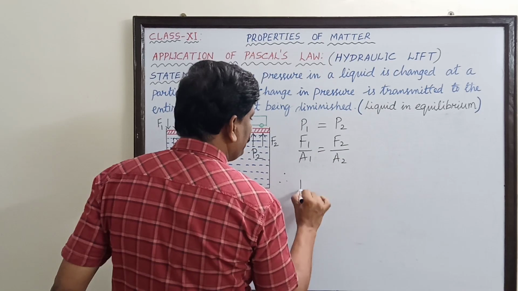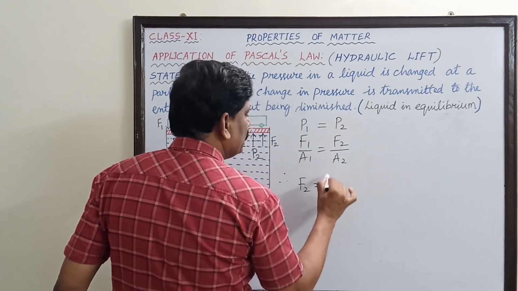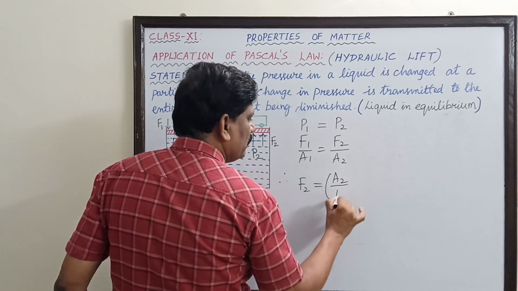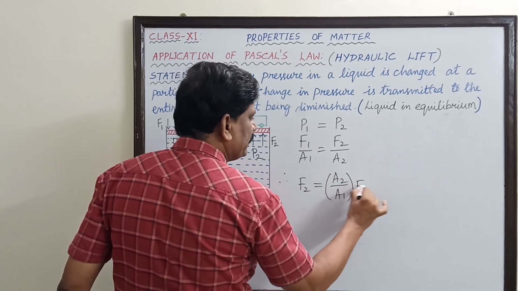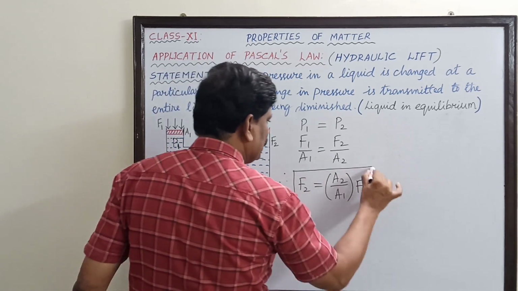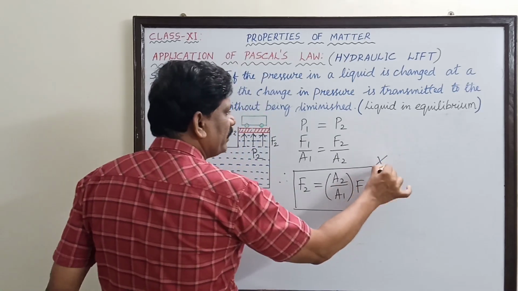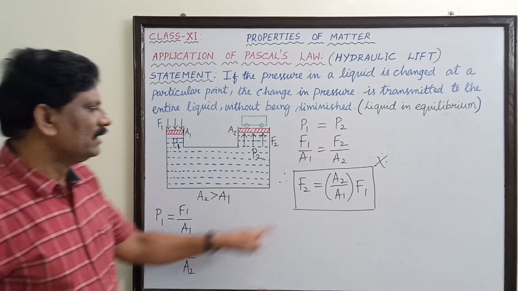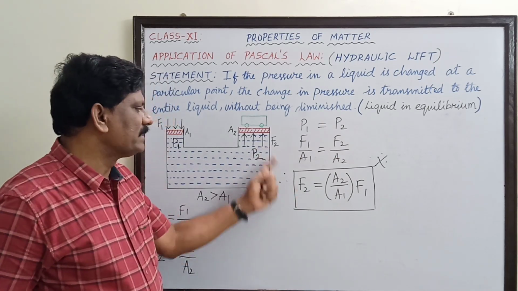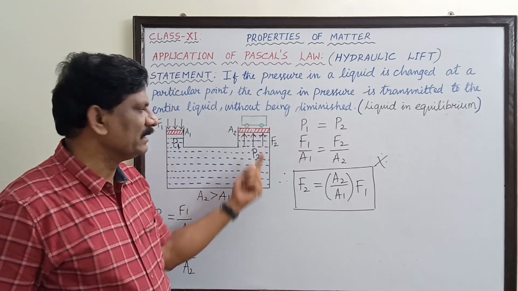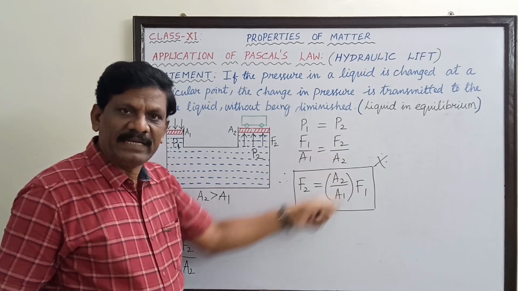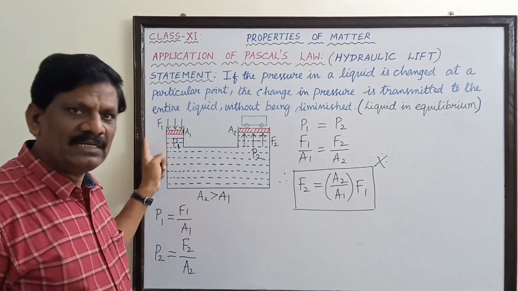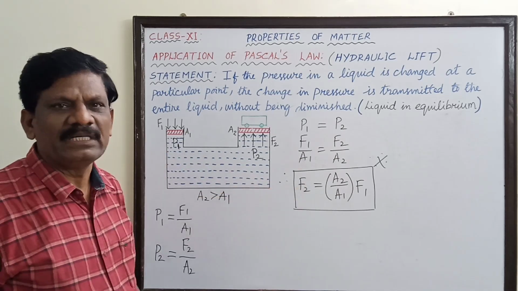Therefore F2 is equal to A2 by A1 into F1. So this is the required equation as an application of Pascal's law. The upward force F2 acting on the second piston is equal to A2 by A1 times the downward force F1 exerted on the left side piston.